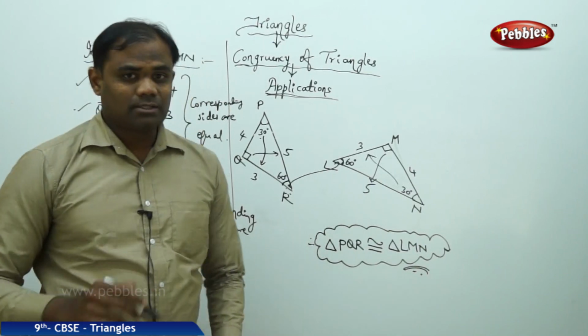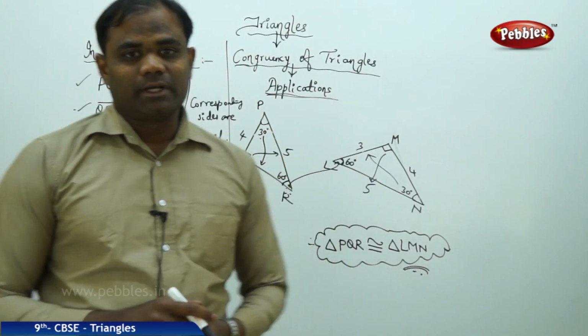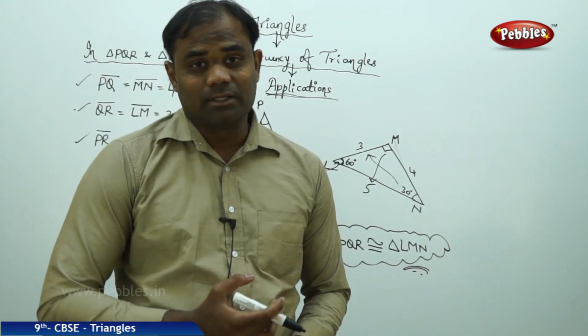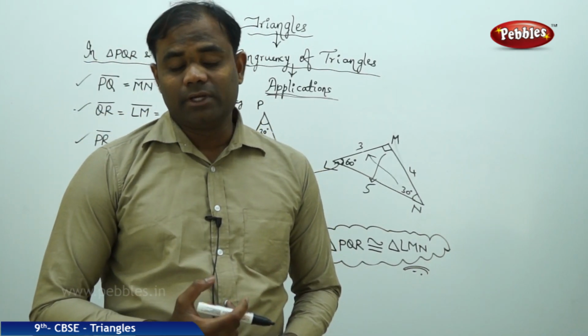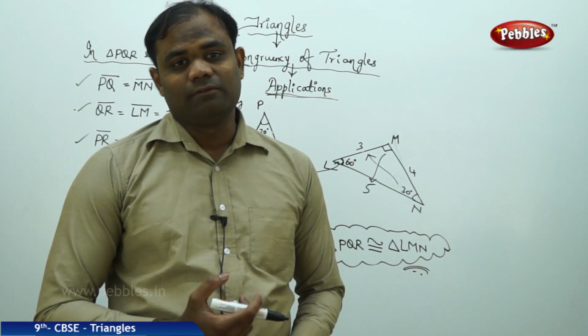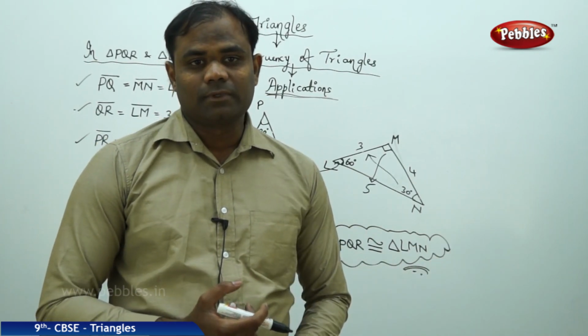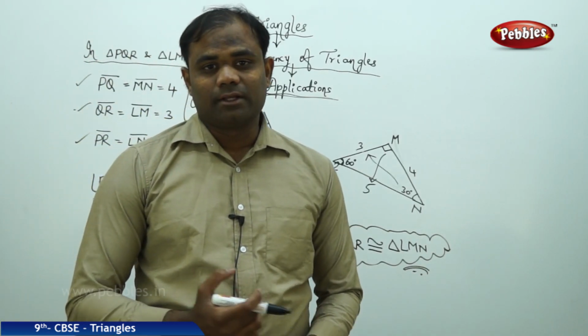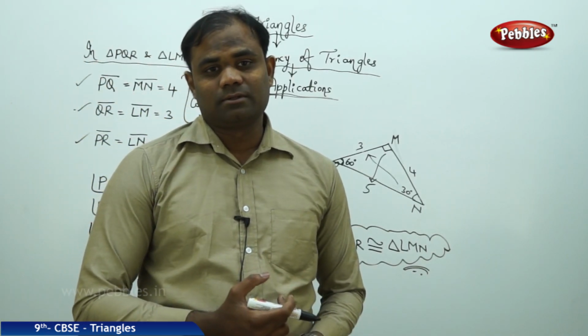So the two triangles are congruent because the corresponding sides are equal and their corresponding angles are equal. They are equal in all respects, therefore they are congruent. This is how I apply the congruency concept in the given problems.